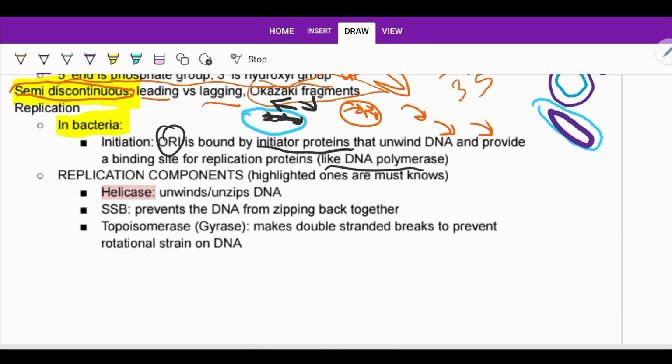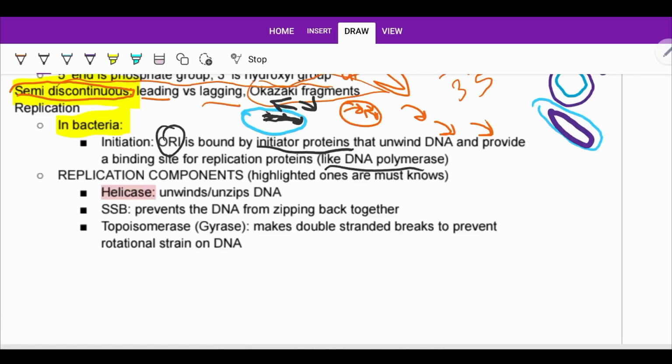Basically, there are proteins that latch on to the origin site, and then DNA polymerase can bind onto those initiator proteins, and then it's able to synthesize. Without the initiator proteins, the DNA polymerase would not be able to bind onto the DNA, and so it wouldn't replicate. That's why the initiator proteins are needed.